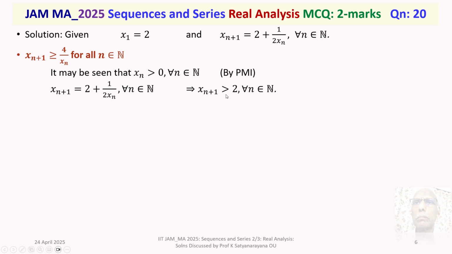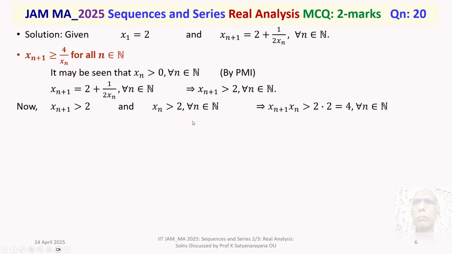Because xn plus 1 is greater than 2 for all n belongs to N, xn is also greater than 2 for all n belongs to N. So xn plus 1 greater than 2, xn greater than 2 for all n belongs to N. Multiply, we'll get xn plus 1 multiplied by xn is greater than 2 into 2, that is 4, for all n belongs to N. So that means xn plus 1 multiplied by xn is greater than 4.